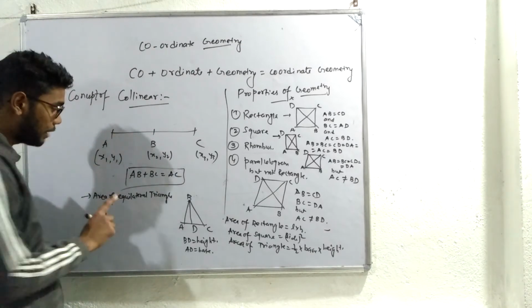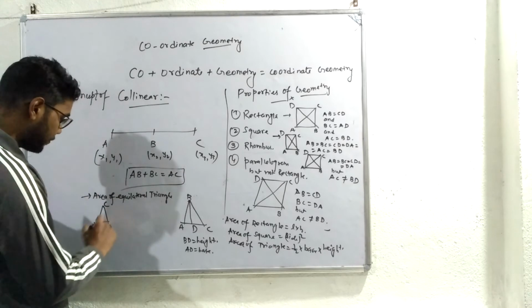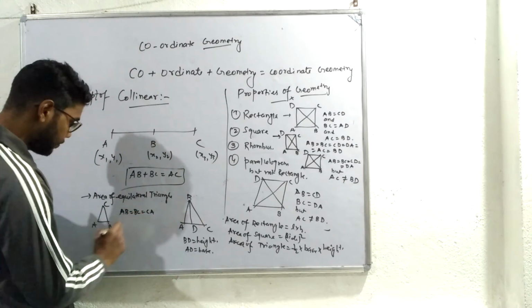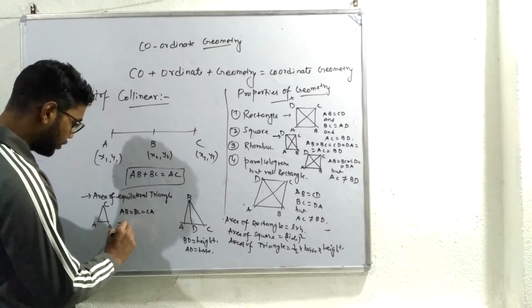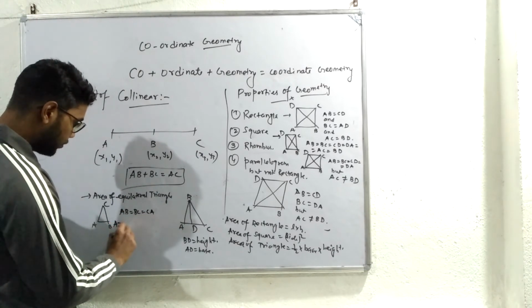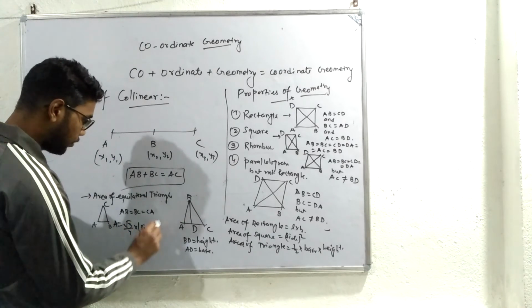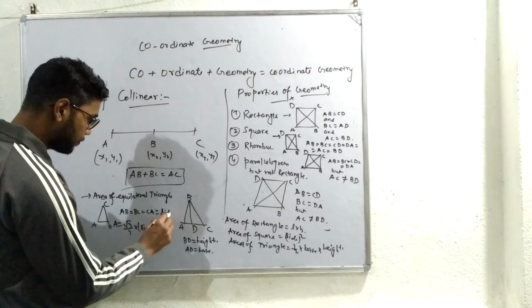In an equilateral triangle all the sides are equal, that means AB equals BC equals CA. So the area is √3/4 into side square.